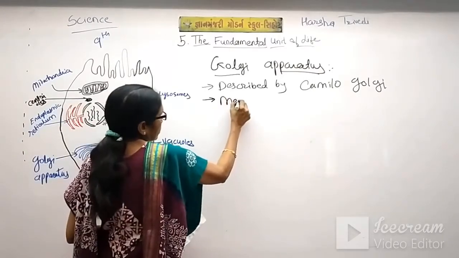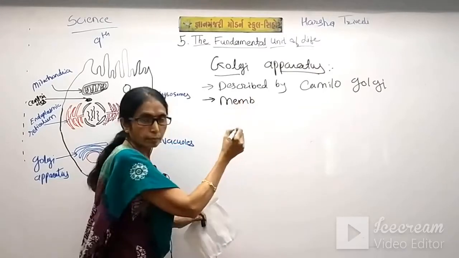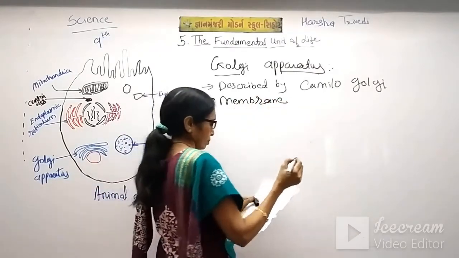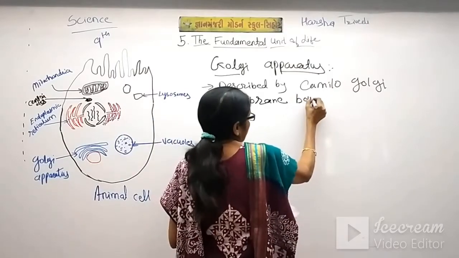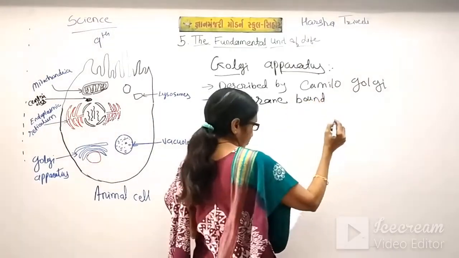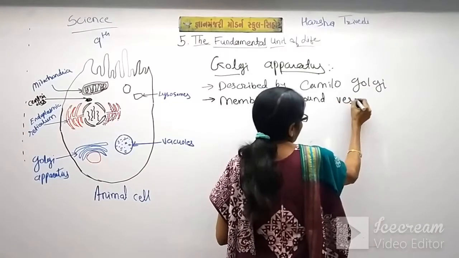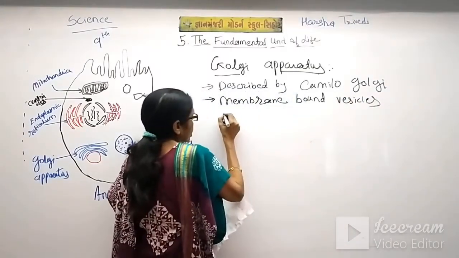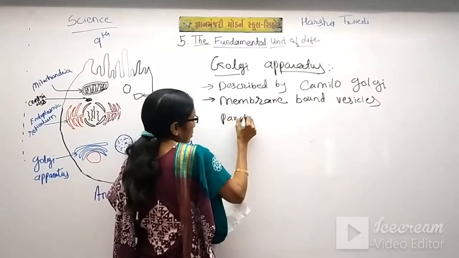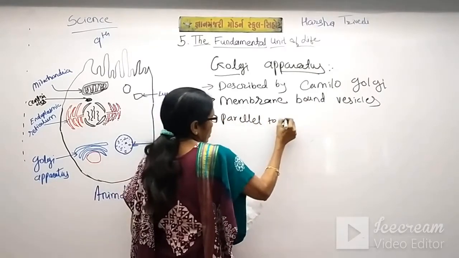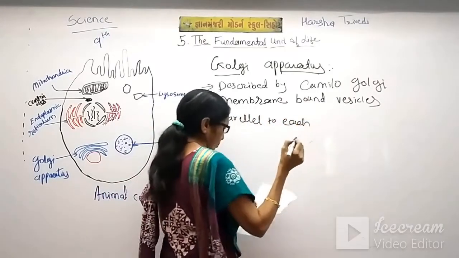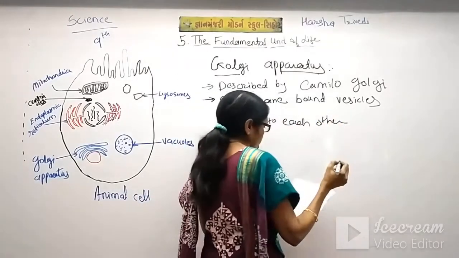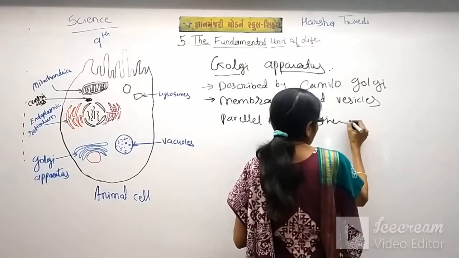Membrane bound vesicles, parallel to each other, called cisternae.